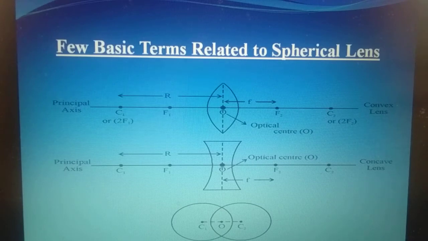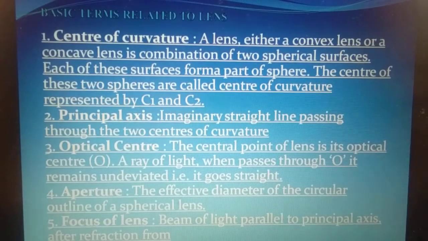Then we have the center of curvature, focus, focal length, aperture. What are all these things? Let us define each and every one. Center of curvature: a center of curvature is the center point of a sphere.